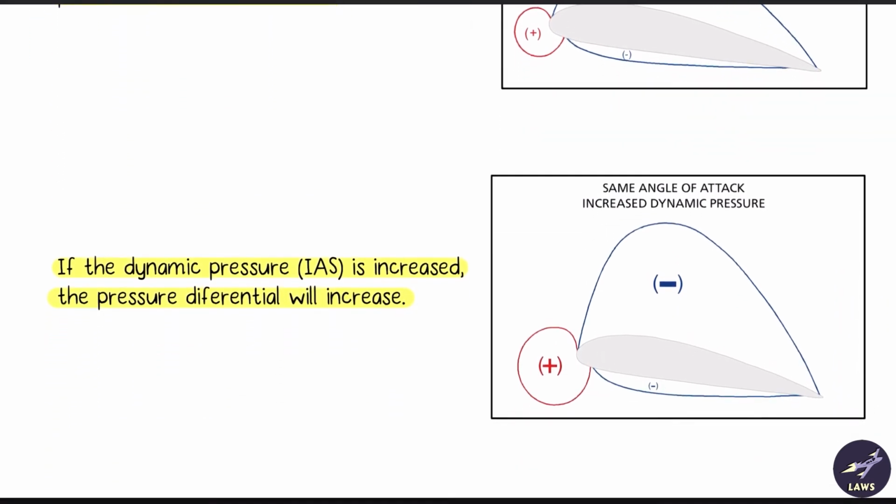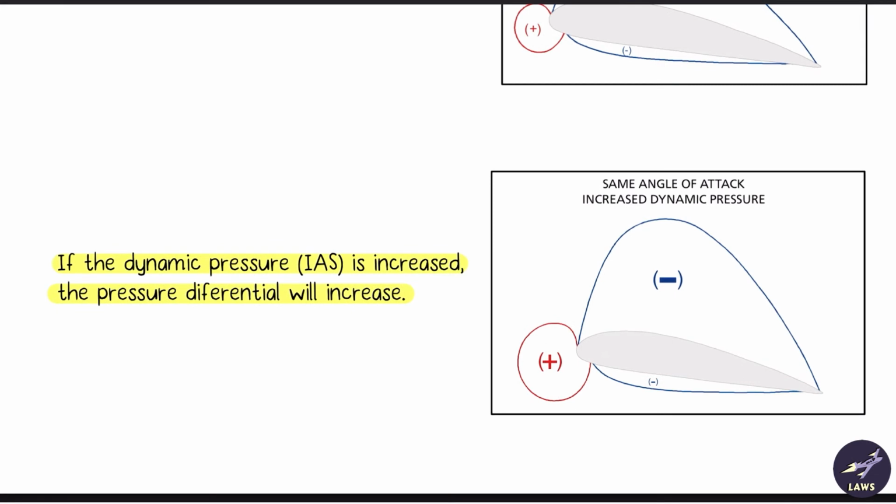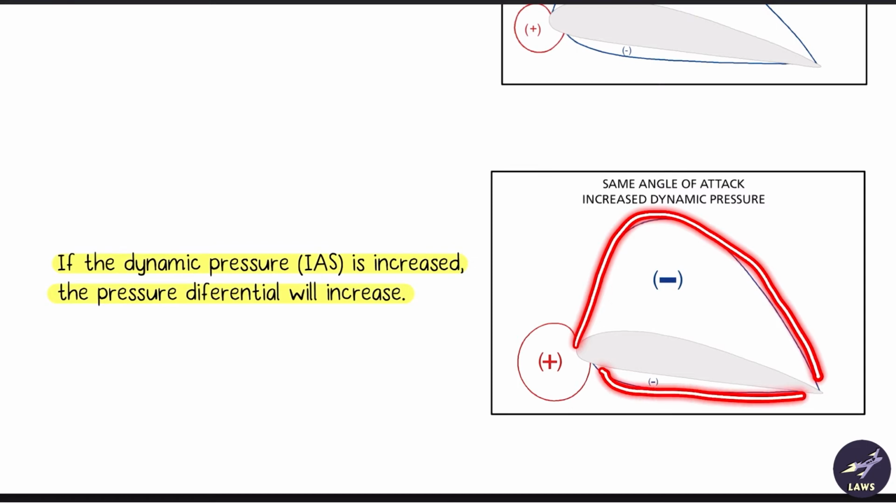If you increase the speed, that is, if you increase the IAS, the pressure differential will increase. The pressure will decrease further above as compared to below, giving a greater pressure differential and increasing the lift even further.